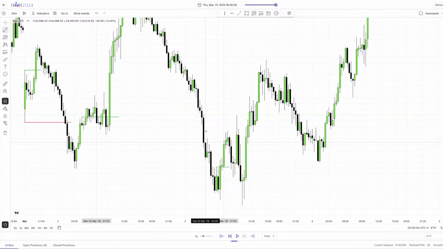Then we have, where do we have the IPTA lows? This is not an IPTA low. This is an IPTA low.